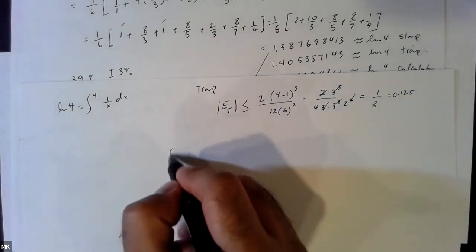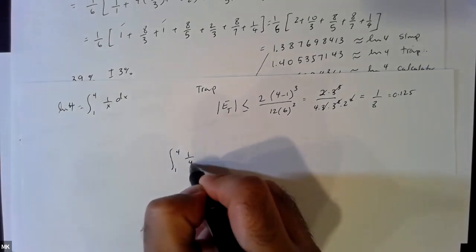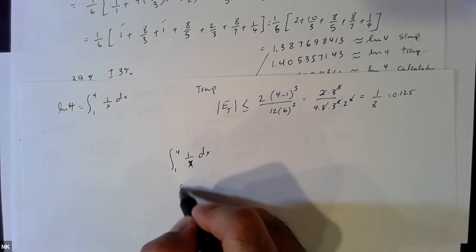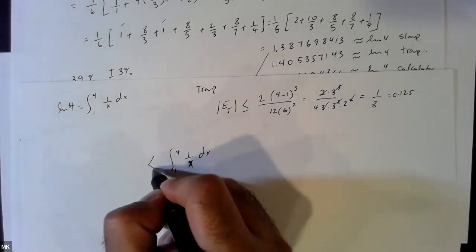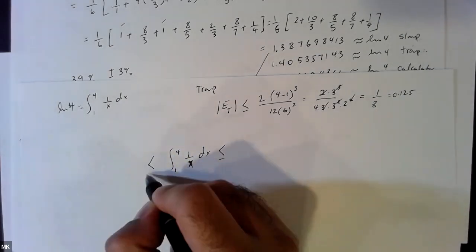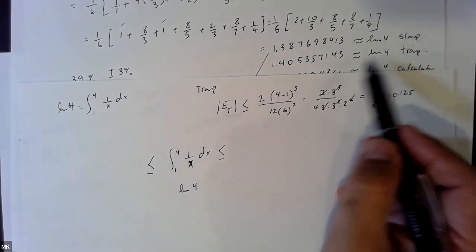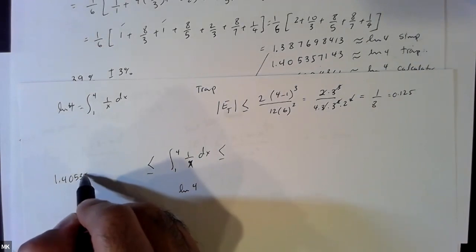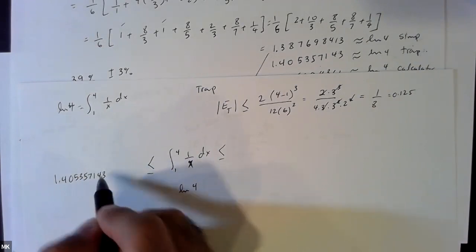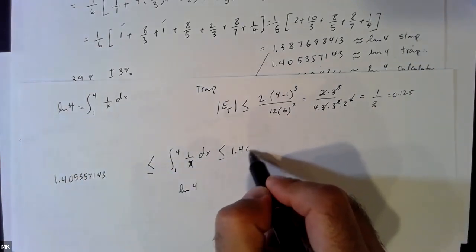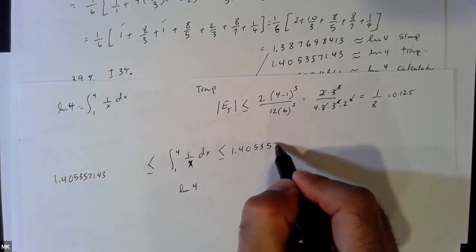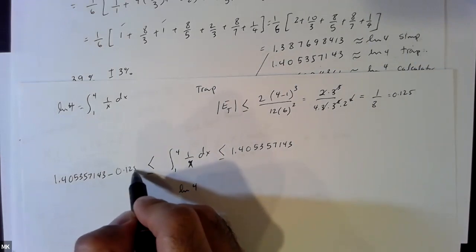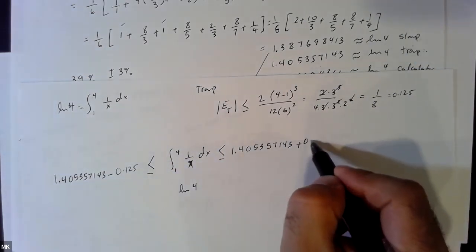That means the actual integral, which is your ln of 4, is somewhere in between the trapezoidal approximation that you had, 1.405357143, either minus 0.125 or plus 0.125.